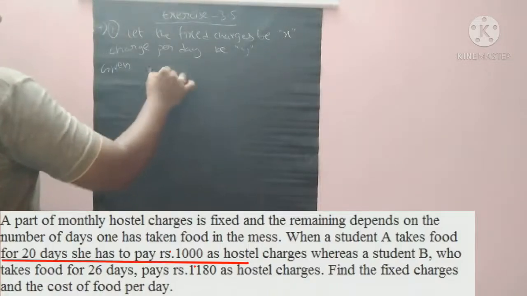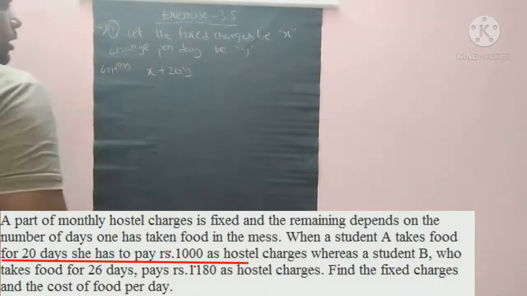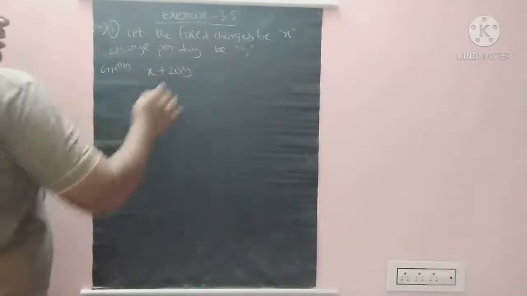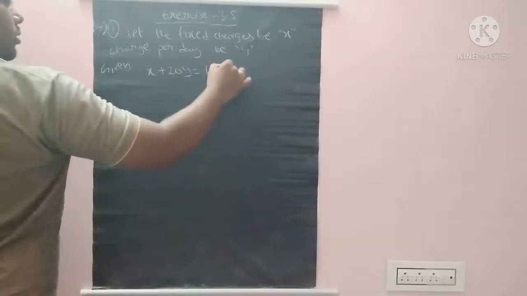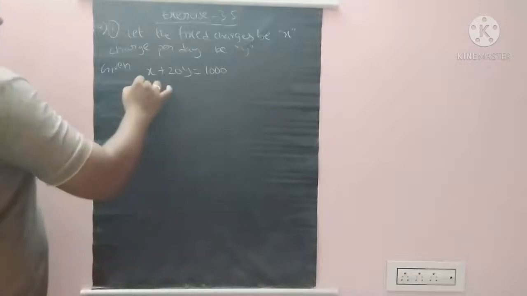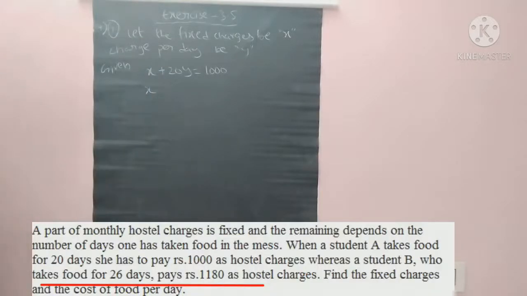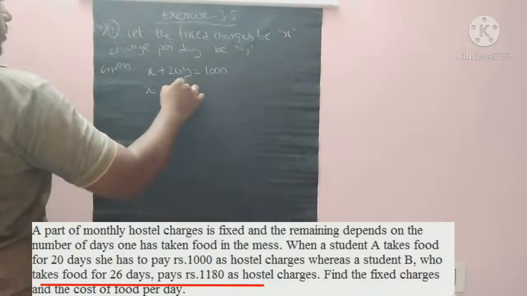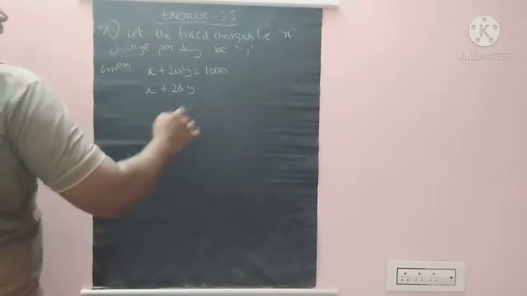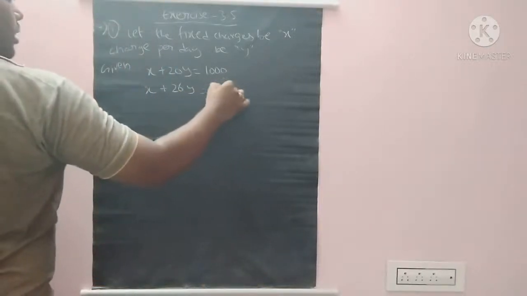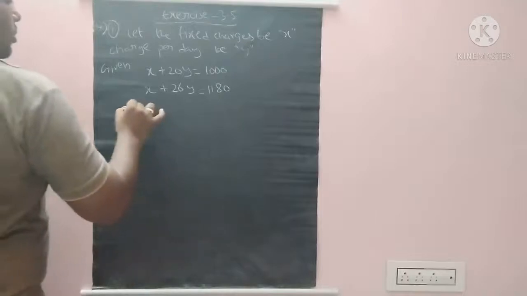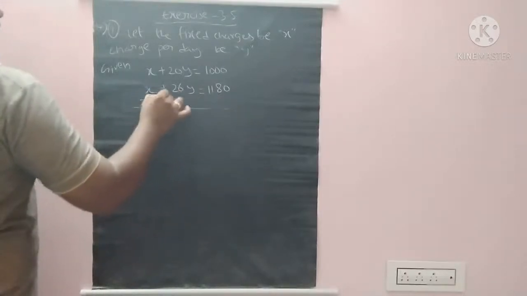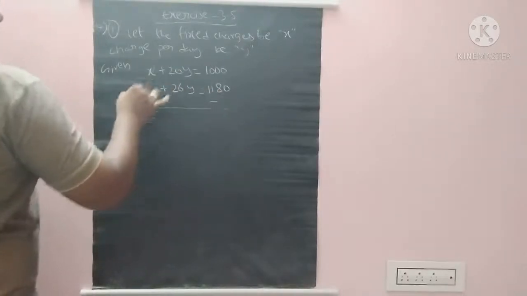So fixed charge plus each day y, there are 20 days, so in total she paid 1000. Another student B stayed for 26 days and paid 1180 rupees. So fixed charge plus 26y equals 1180. Go with elimination, it will be easy.